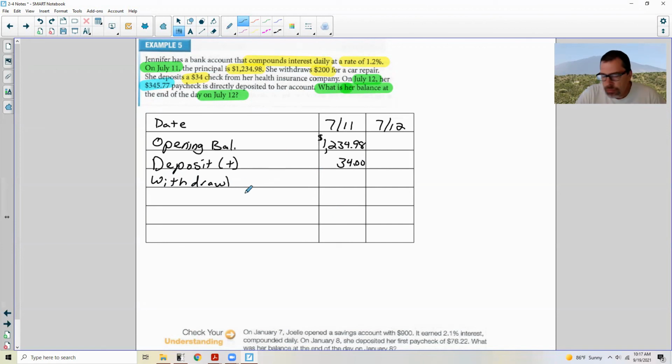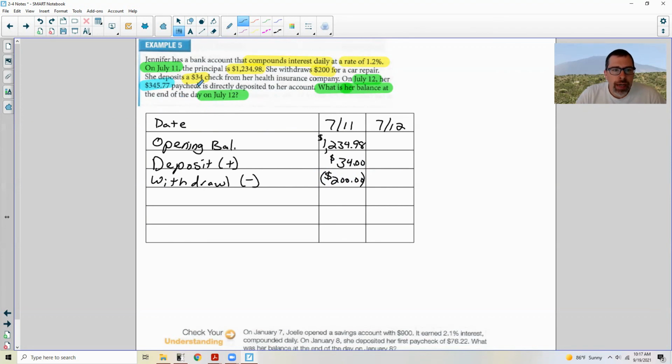A withdrawal is a negative, and she withdrew $200. Remember that's negative. So I'll put parentheses around that so we don't forget. In bookkeeping, they can use a minus sign or parentheses, so remind yourself that it's negative.